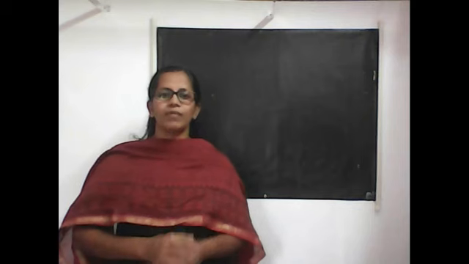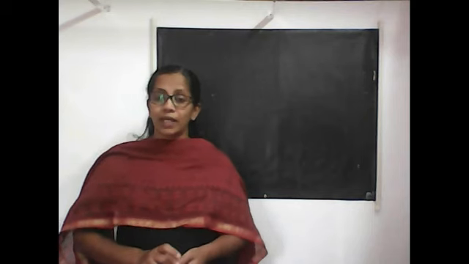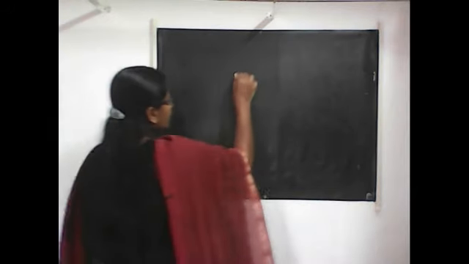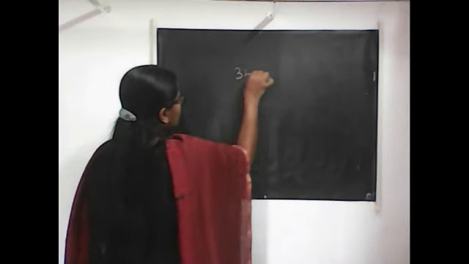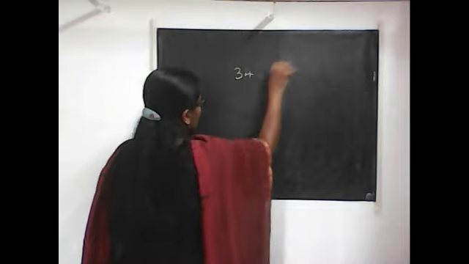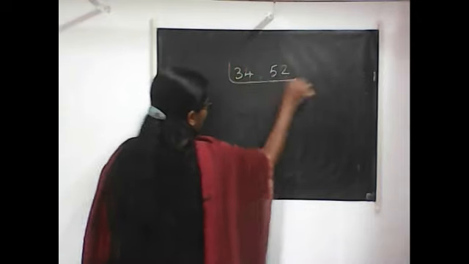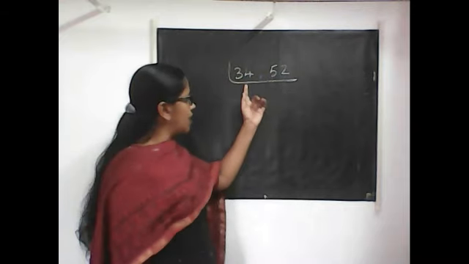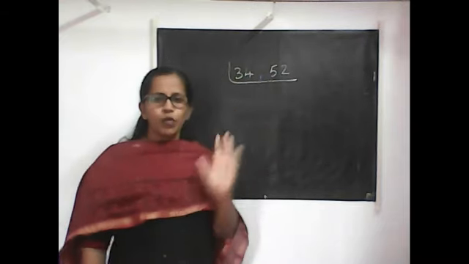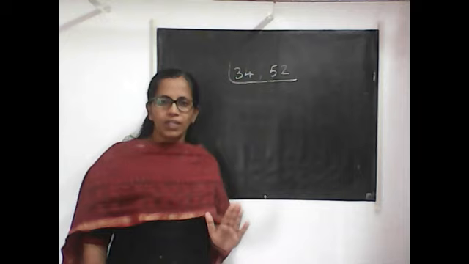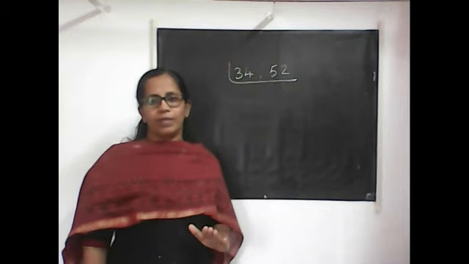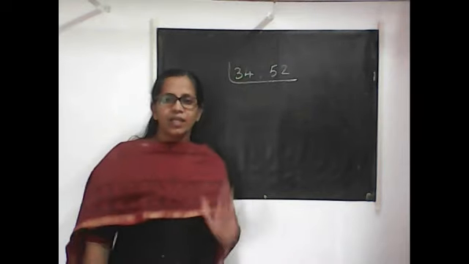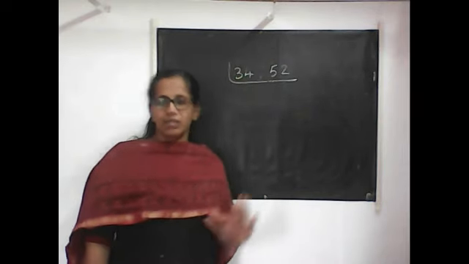Next, the important thing from this lesson is how to find out LCM and HCF. For that, I am considering 34 and 52. We are going to find out LCM. In order to find out LCM, first you should identify whether the given numbers are even numbers or prime numbers. Looking at the last digits, we can understand these are even numbers.